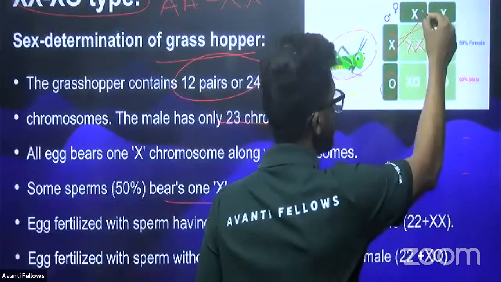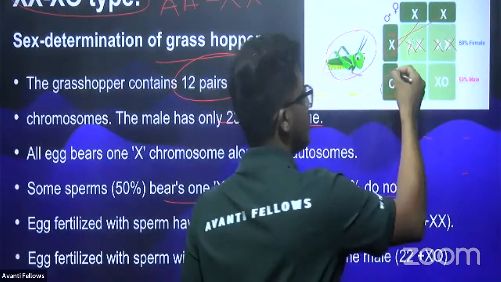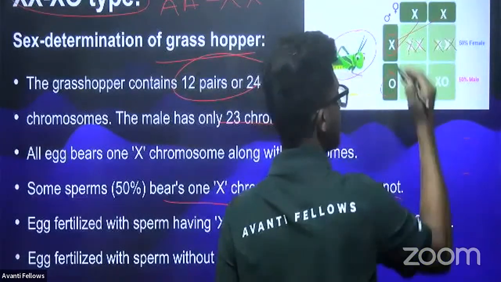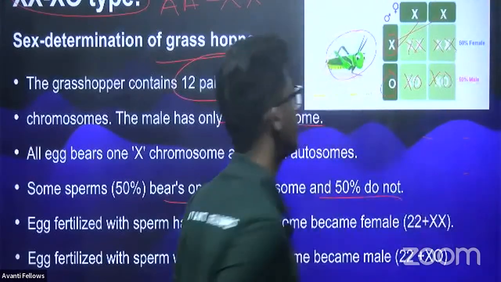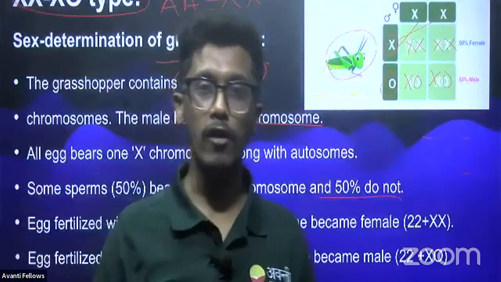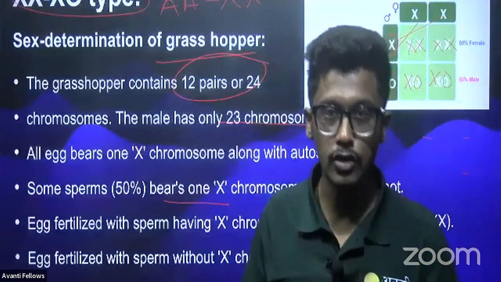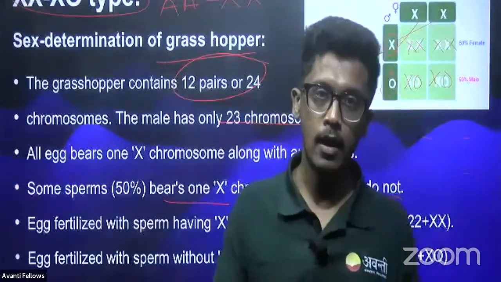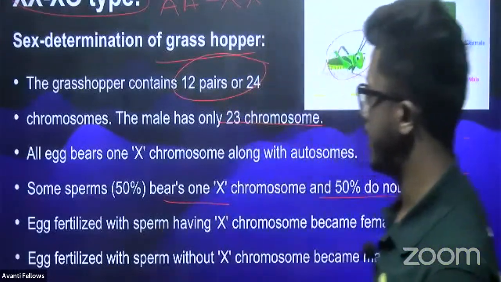If this sperm goes with this egg, then we'll get XO. Correct, no? And again, this sperm will go with another egg, then we'll have what? XO. You see this? So in the absence of one sex chromosome, it results in the morphology of a male. The anatomical and morphological structures, everything will be male. Whereas if we have both sex chromosomes, then we have a female. Got it, no?